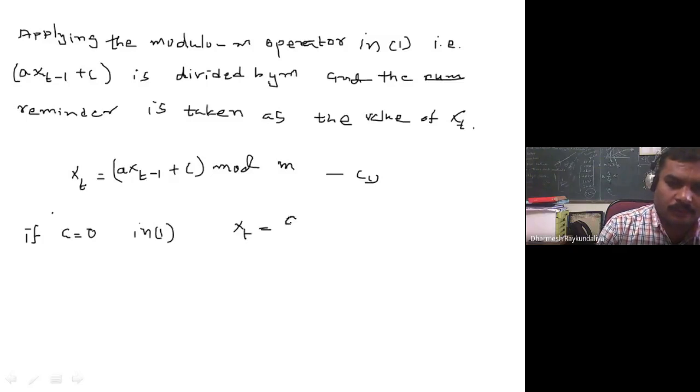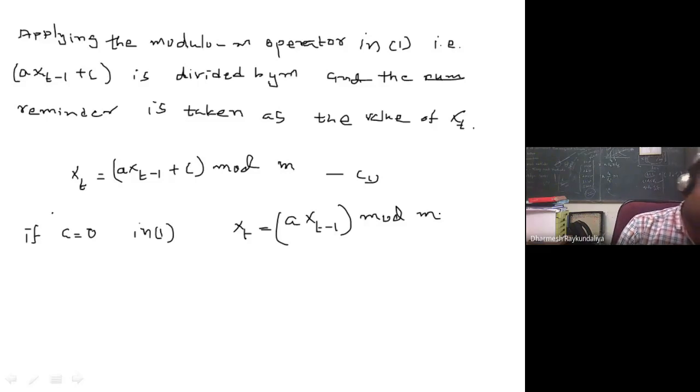Xt is equal to a xt minus 1 modulo m. Then it is equation 2.